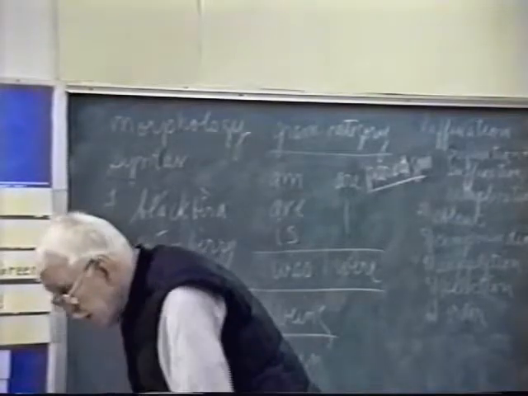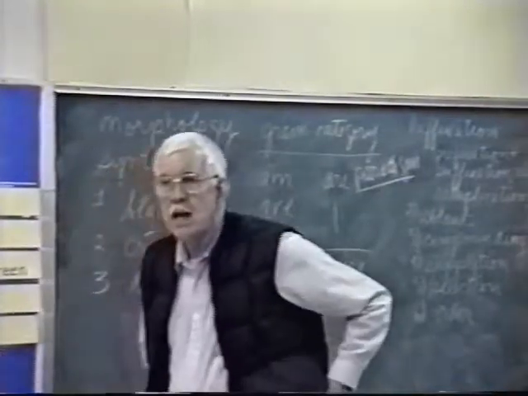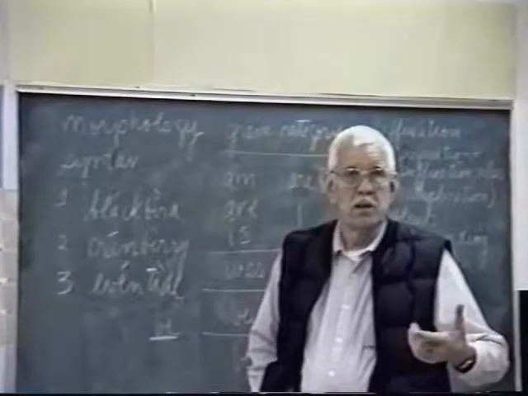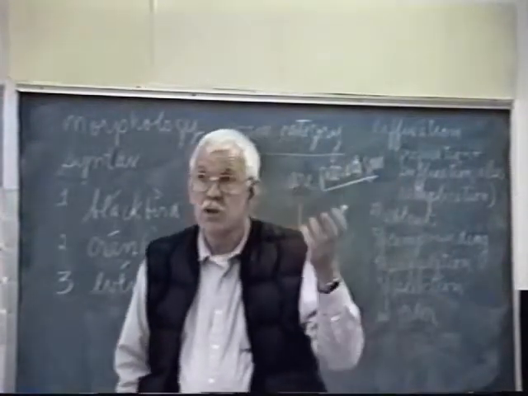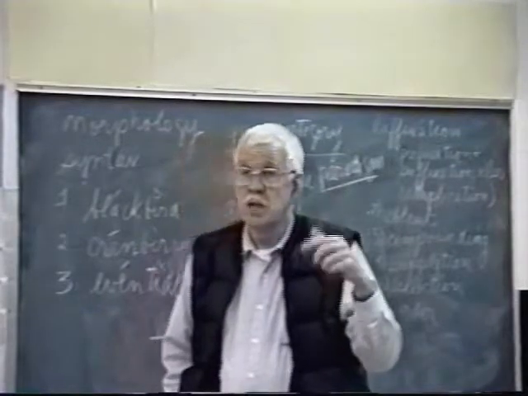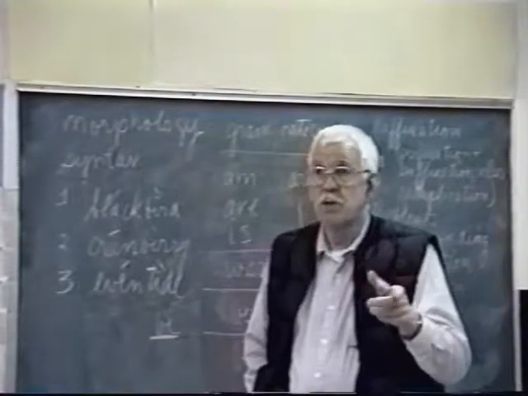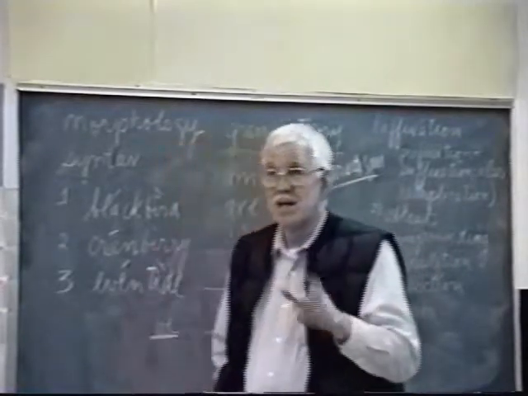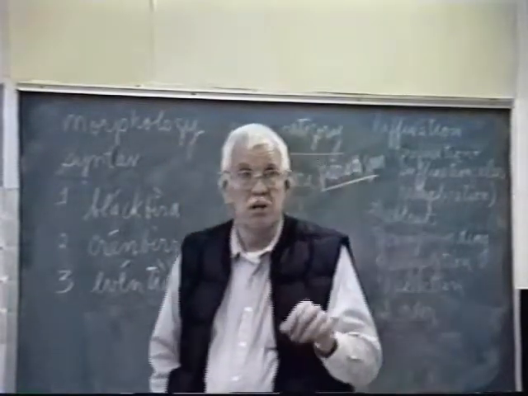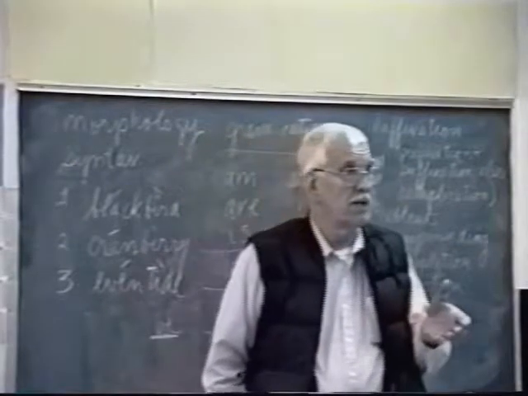They don't look anything like each other, but yet semantically, in terms of their meaning, we know that am is the first person singular present tense of the verb to be. Is is the third person singular present tense of the verb to be.